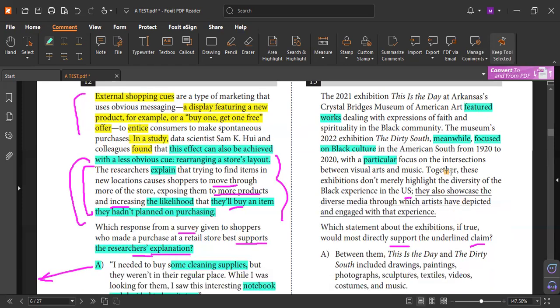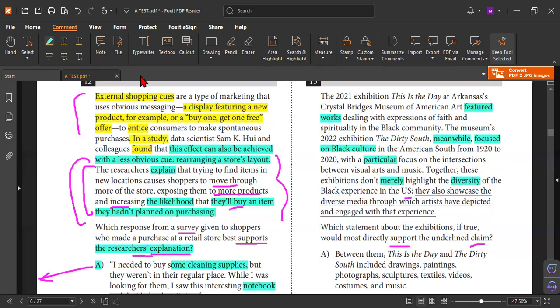Now the question, the two together. These exhibitions don't merely, remember merely means only, don't merely highlight the diversity of the Black experience in the US. Not only, but also, look, not only, but also, but here merely, only, and here also.